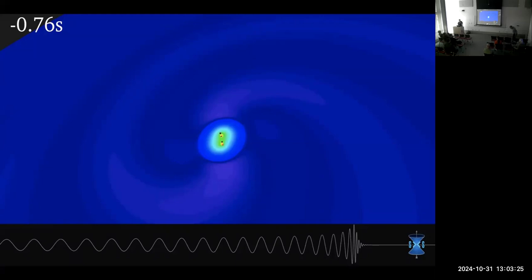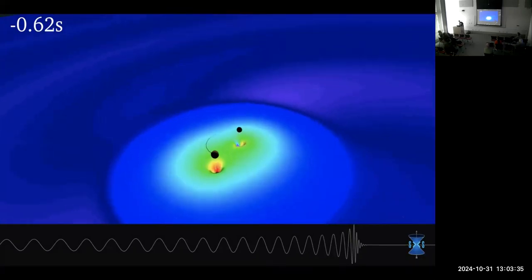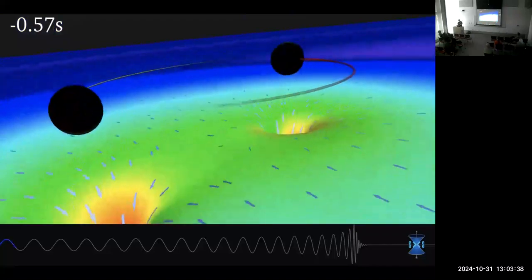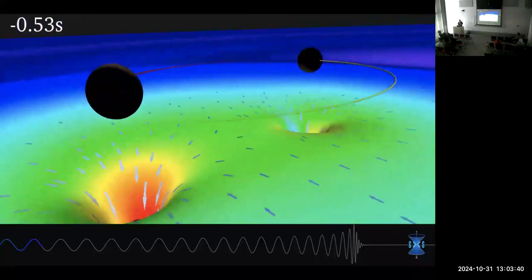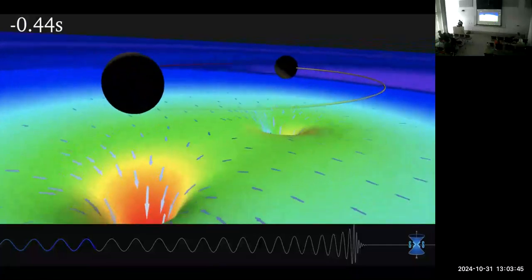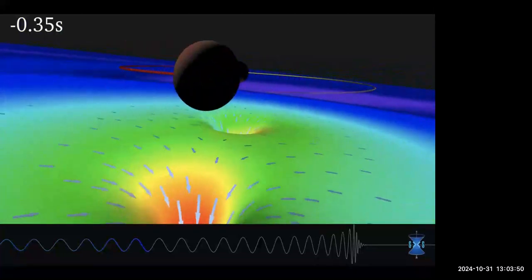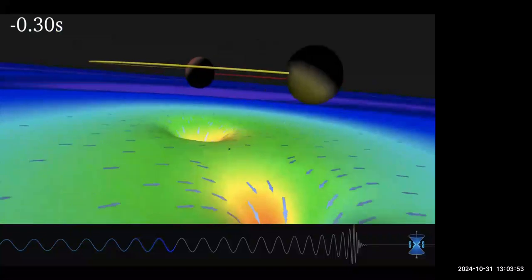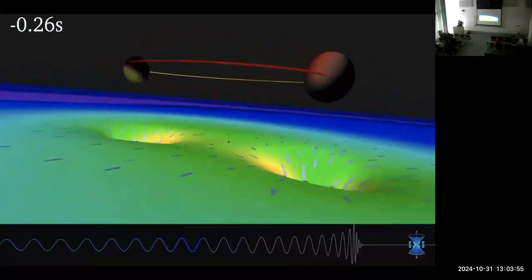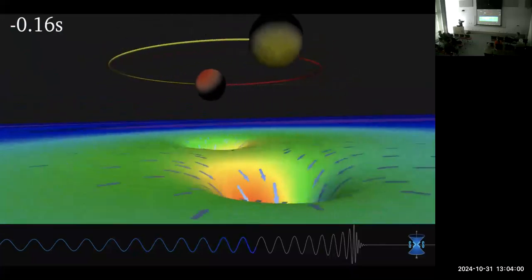Amazing. All right. So this is one of our simulations of two black holes coming closer and closer. At the bottom you see effectively the gravitational wave signal, and on the top you see the two black holes going closer and closer.